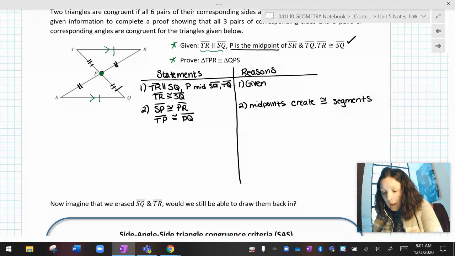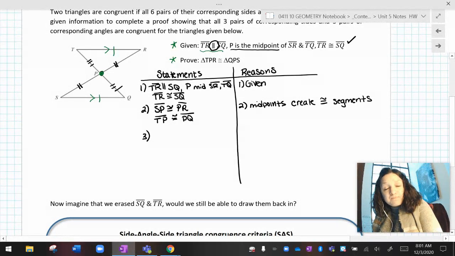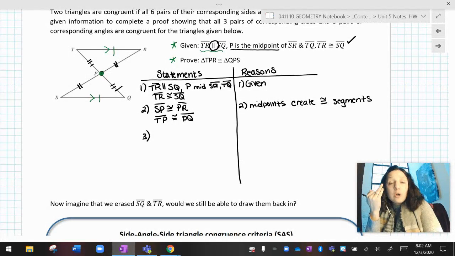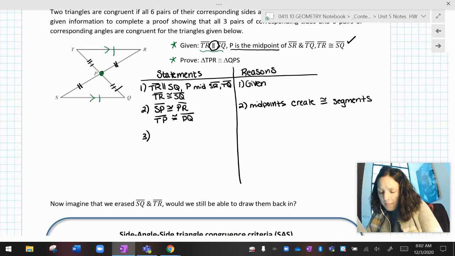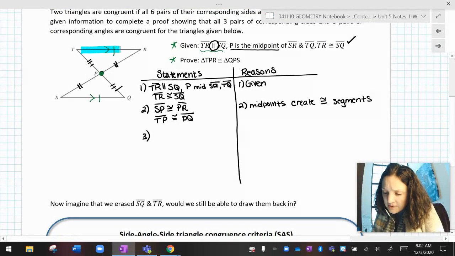I've done all the sides. Sweet. Now I have to work on angles. For number 3, let's go back to the givens. They told us about parallelism. In the last lesson, we learned that parallelism usually creates congruent alternate interior angles, congruent corresponding angles, or maybe supplementary same side interiors. I have a zigzag going on here, one of those nice letter Z's.